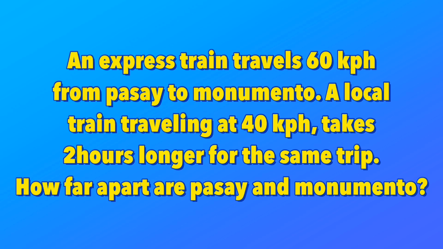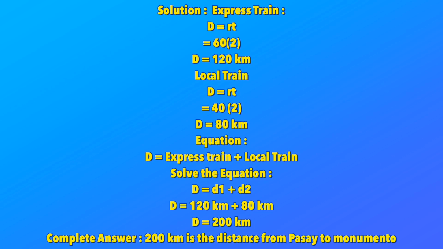So our solution, express train, we will use the distance equals RT formula. Then the local train also, distance equals RT. Then the rate of the express train is 60 and the time covered is 2 hours. So the distance of the express train is 120 kilometers. For the local train, the rate is 40 times 2, we have the distance covered is 80 kilometers.